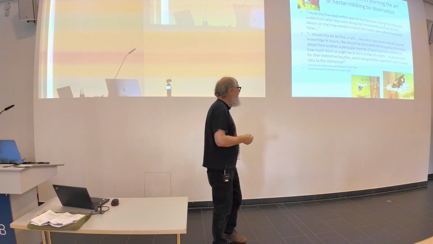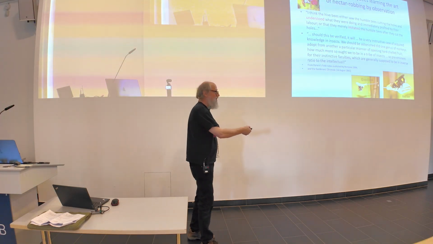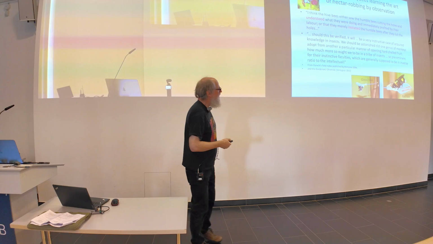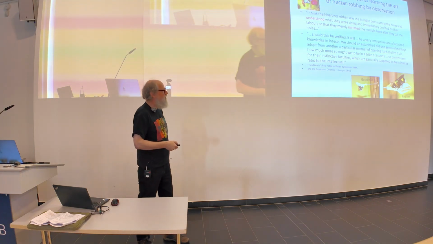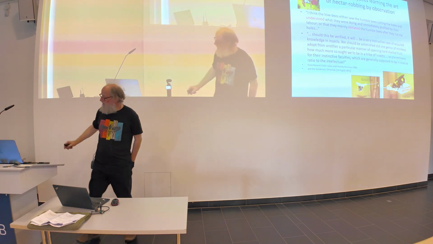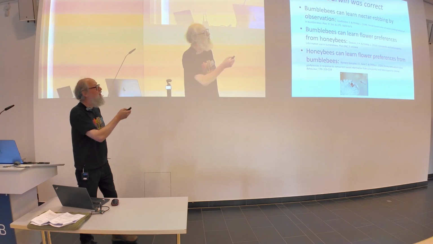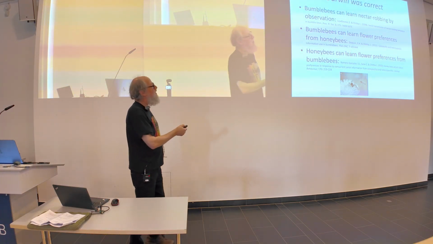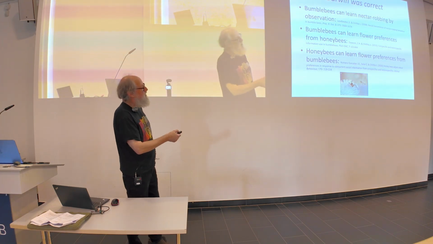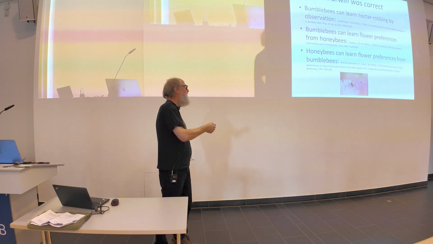And Ellie Leadbeater did a number of experiments with these contraptions that are a mixture of natural flowers and syringes that actually allow refilling with nectar remotely, and indeed found that bumblebees would learn this technique by observing each other. So not only can bumblebees learn the nectar robbing by observation, bumblebees can also copy learned preferences from honeybees, and vice versa.